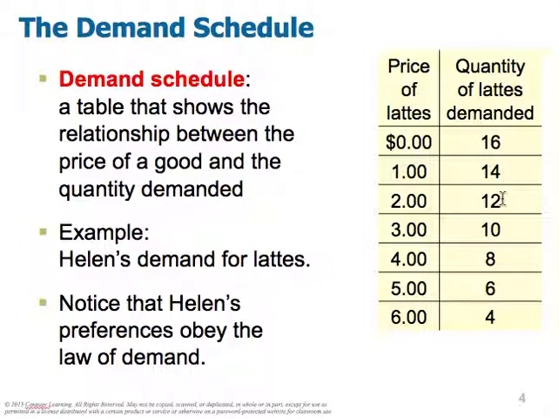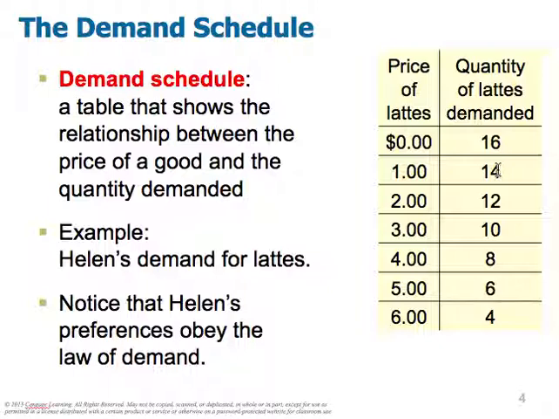Please pay attention to the words that I'm using here. I'm saying that when price increases, quantity of lattes demanded falls. I'm not saying that demand for lattes is falling. Rather, I'm saying quantity of lattes demanded falls. A fall in demand and a fall in quantity demanded are two different things.